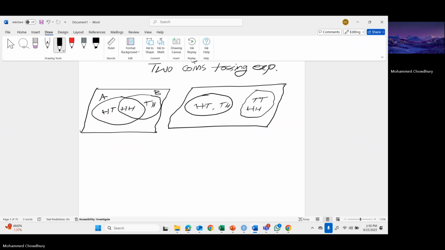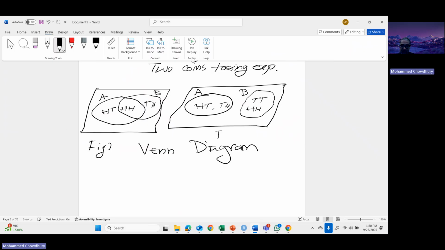Are you saying two Venn diagrams? These diagrams are called the Venn diagram. Two events A and B. This is figure 1 and this is figure 2.